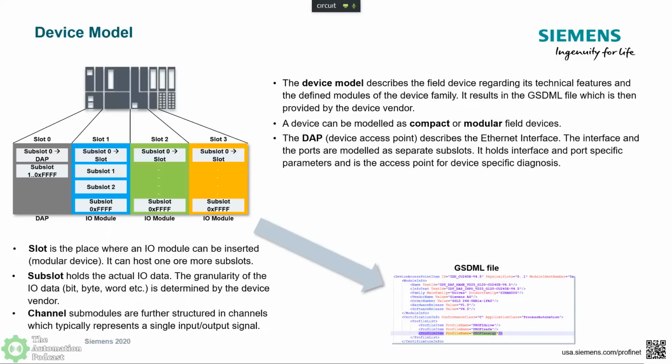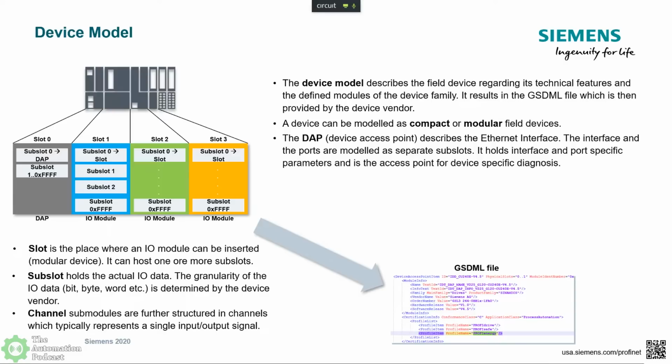We're talking about the device access point, which is a specific subslot. It's subslot 0, but then we also have the interface submodule, which is also a special submodule, and we have the port submodules.